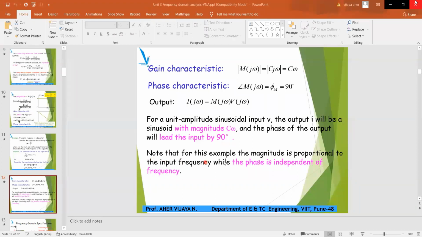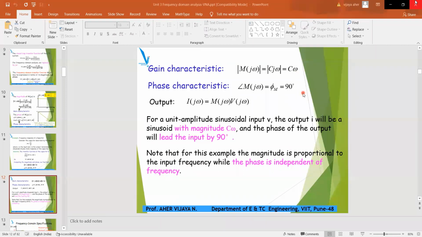Okay. Now note that for this example, the magnitude is proportional to the input frequency, that is omega, whereas the phase is independent of input frequency. There is no frequency component present in this equation. So your phase is independent of frequency, whereas magnitude is directly proportional to the input frequency.